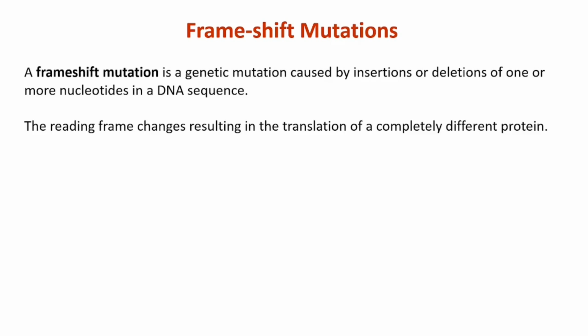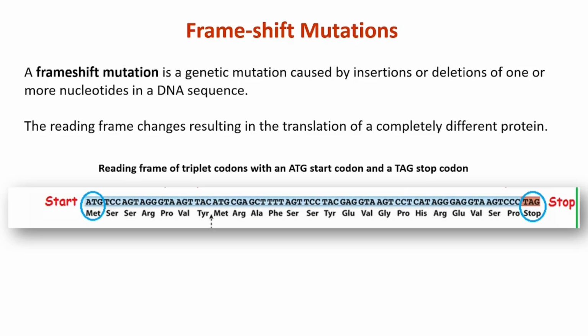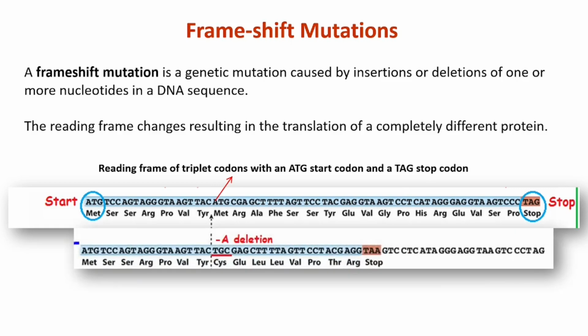On your screen is a reading frame of triplet codons with an ATG start codon and a TAG stop codon. There is a deletion of one single nucleotide A, as a result of which the reading frame is thrown out of frame and leads to the change in the amino acid sequence from tyrosine, also resulting in a truncated protein due to the stop codon UAA.